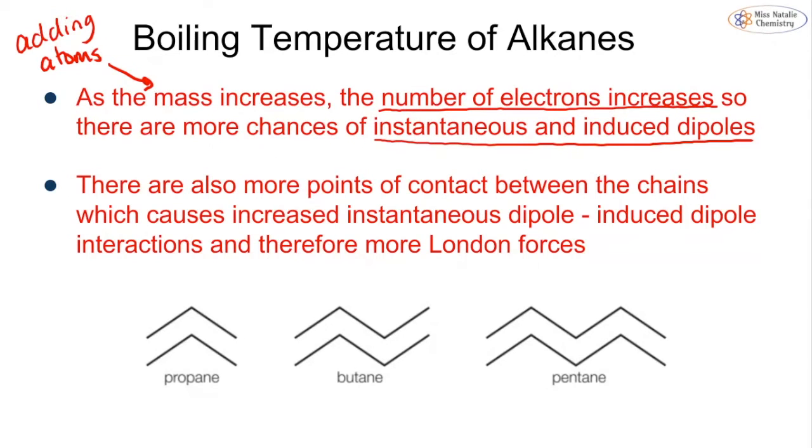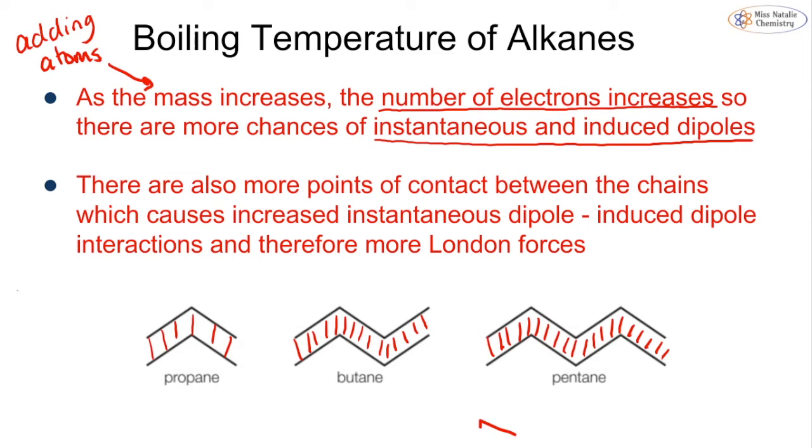We also get increased amounts at the point of contact between the chains. So we're getting more instantaneous and induced dipole interactions between the chains. So you can see as we go from propane to butane to pentane, I'm getting more and more points of interaction between the chains. So therefore I must be getting more intermolecular forces.